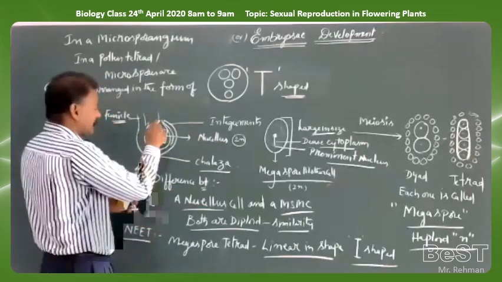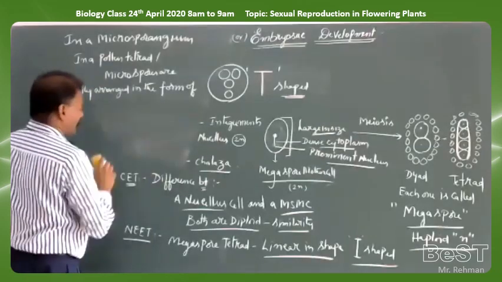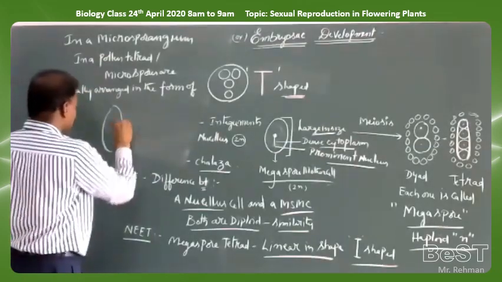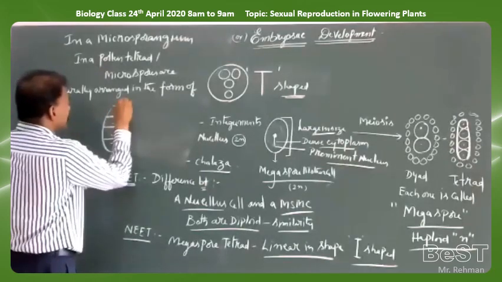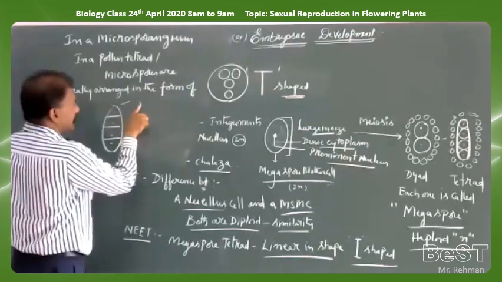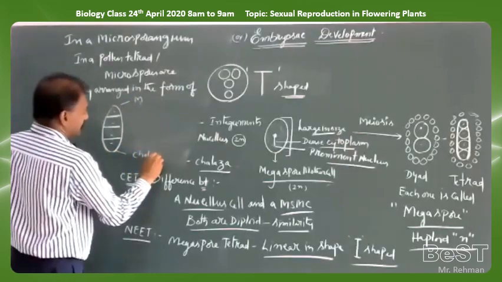Here, out of the 4 megaspores, this is towards the micropyle, this is towards the chalaza.